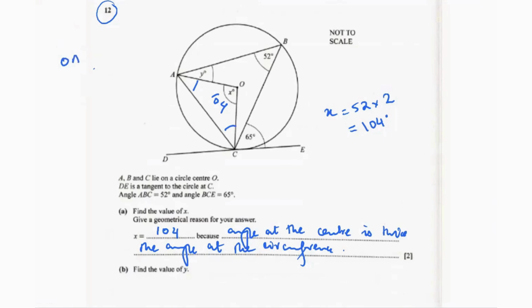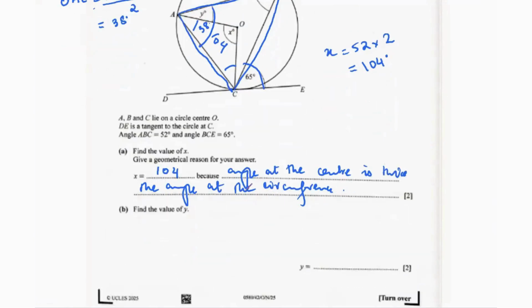OAC is going to be 180 minus 104 over 2. That gives us 38. That's 38. So ABC is a triangle inscribed in a circle. So this is the same as this. So Y is going to be 65 minus 38. 27 degrees. That's your answer.